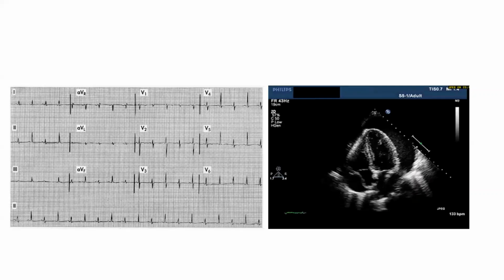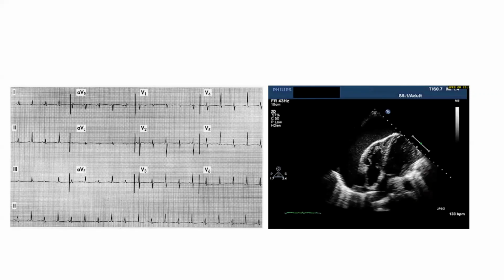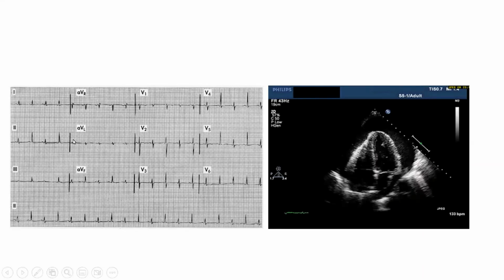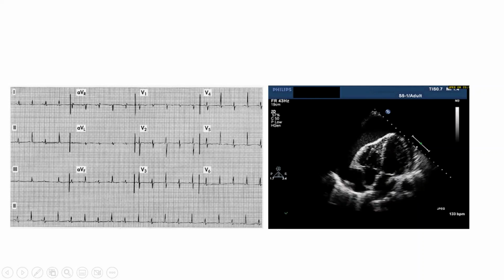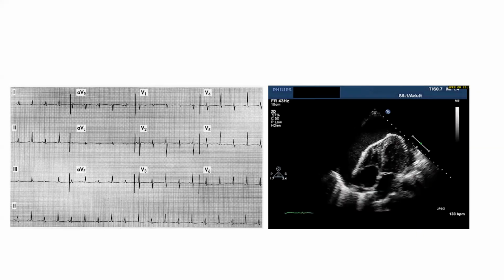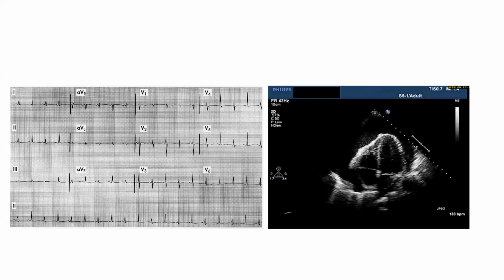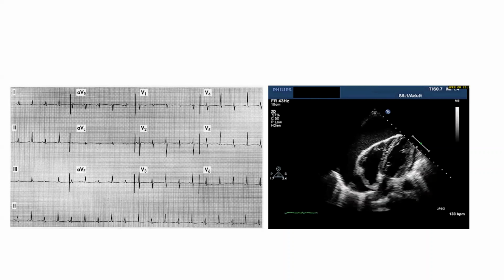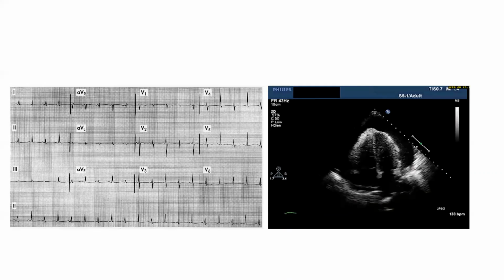So sometimes in the exam we ask our candidates whether this ECG means tamponade. What's your answer? If I show you the ECG without the echo, will you interpret it as tamponade? Yes. Why? Possibly.